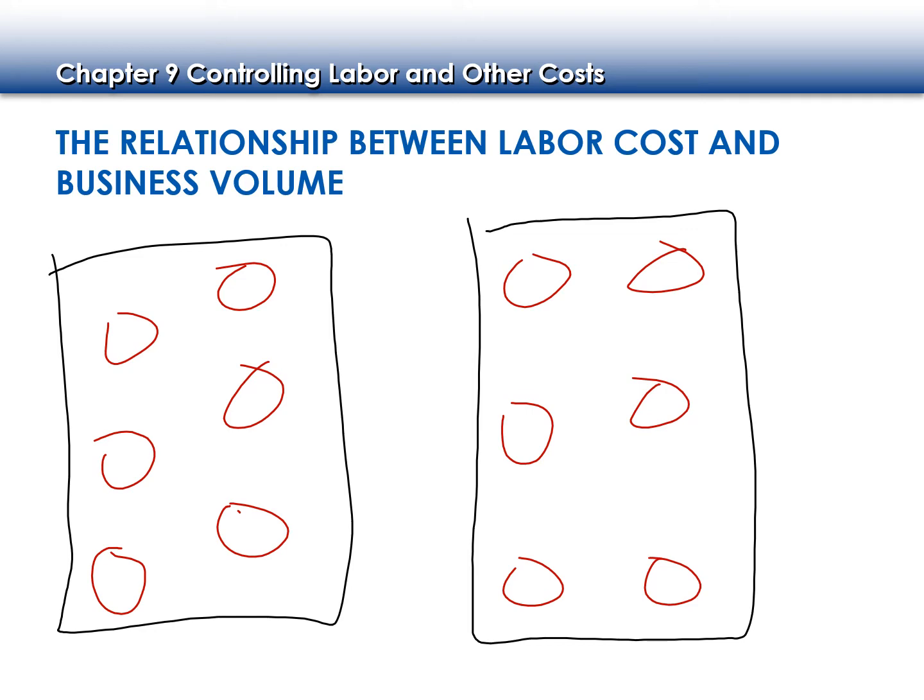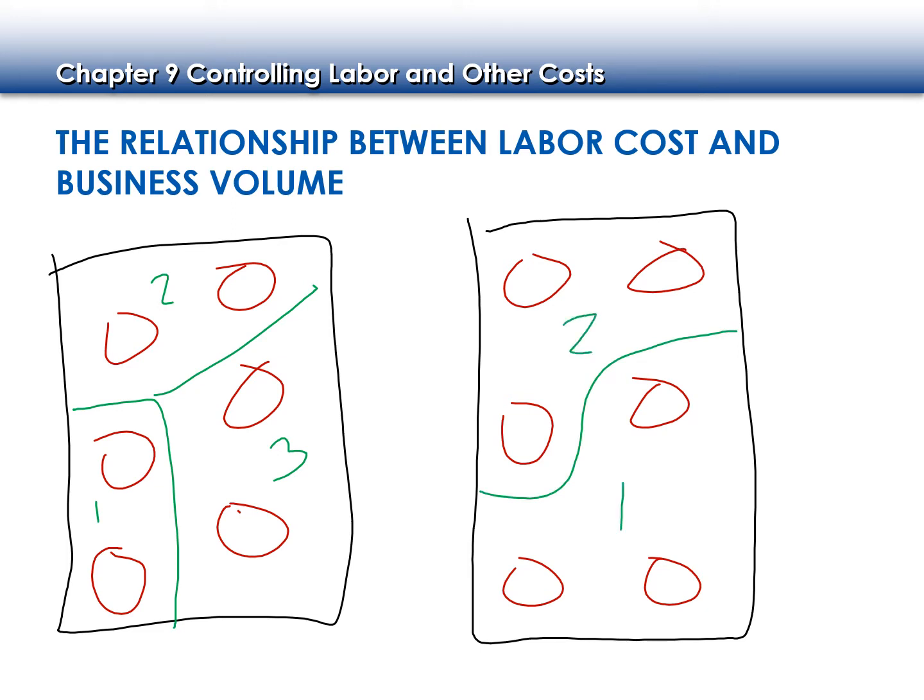So we had section 1, section 2, section 3. Each person had 2 tables. But as the business volume starts declining and maybe it's not as busy, we're off of our peak time, then we might consider going to a 2-section floor.